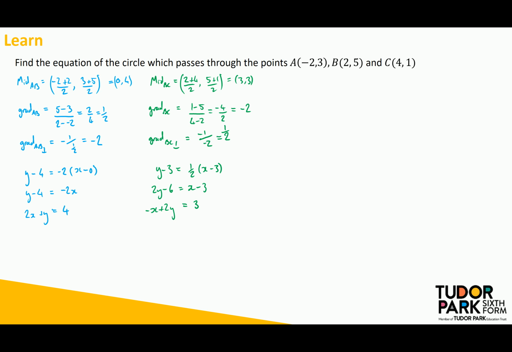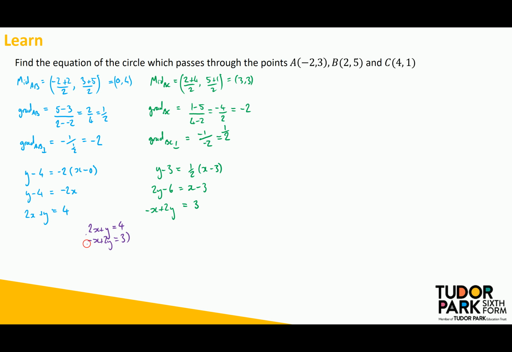Now the next point, we needed to find the intersection of these two perpendicular bisectors. Well, how do we do that? That's just simply a case of solving simultaneous equations. So the first equation I had was 2x plus y equals 4. The second equation I had was minus x plus 2y equals 3.